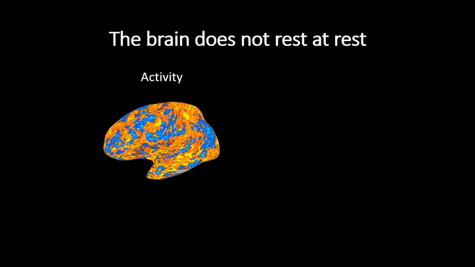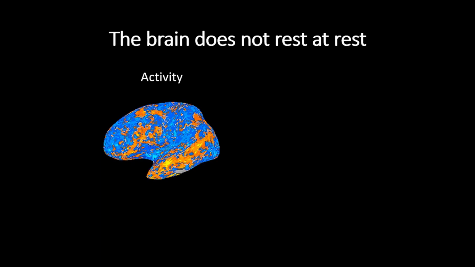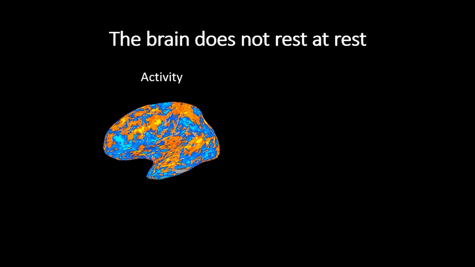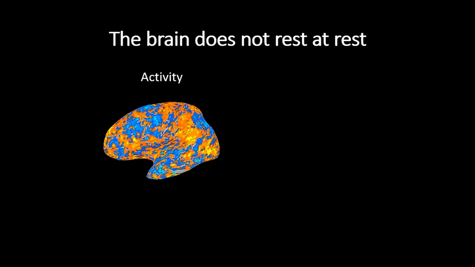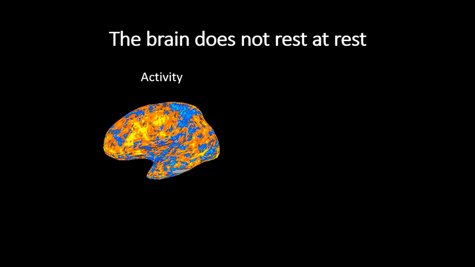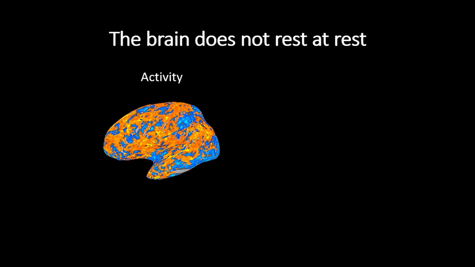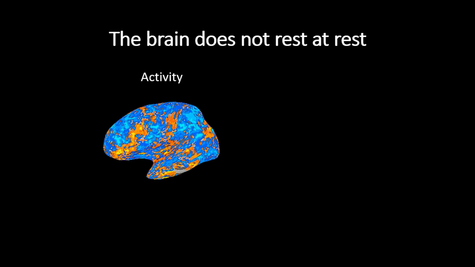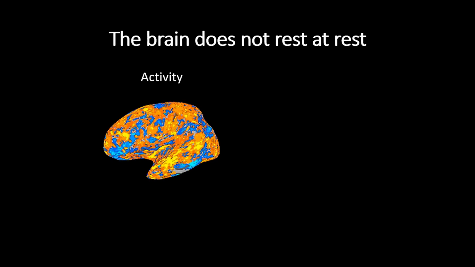The activity is pretty intensive and very complex. This is displayed at a much faster rate than it occurs. Even with this raw data, you can visually appreciate lots of interesting patterns going on and off. Sometimes you can see the whole brain goes blue, and sometimes the whole brain goes yellow.